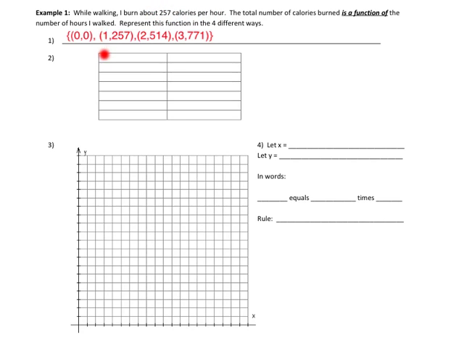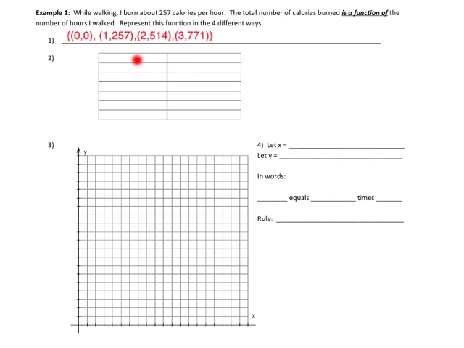So if I just walk 1, I burn 257. If I walk 2 hours, I burn 514. And if I walk 3 hours, I will burn 771. Now there's no reason I stopped there. I could keep going.